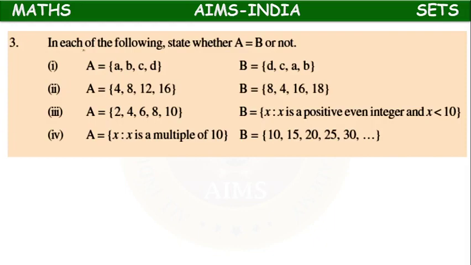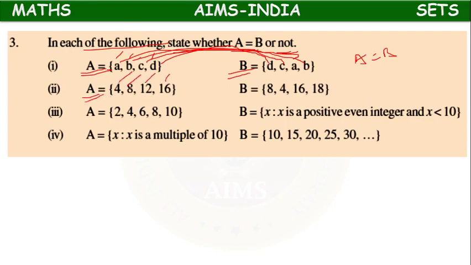Okay, next. In each of the following, state whether A equals B or not. A, B, C, D. So A is present, B is present, C is present, D is present. All elements of A are present in B, so we can write A equals B. Next, 4, 8, 12, 16.